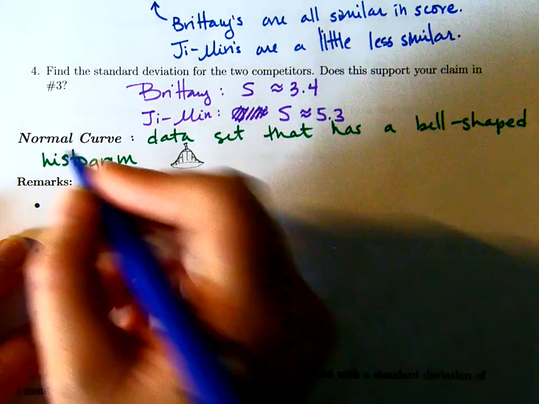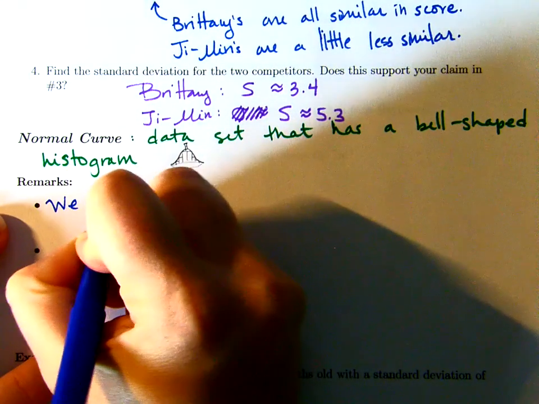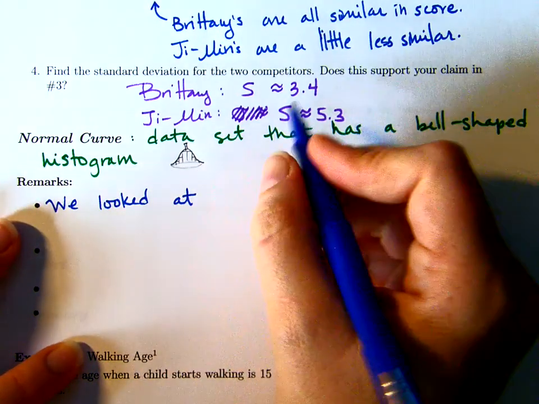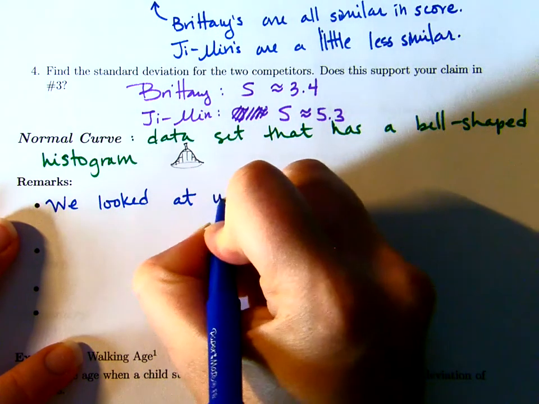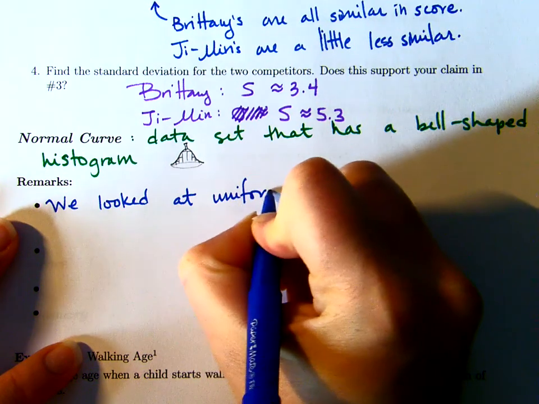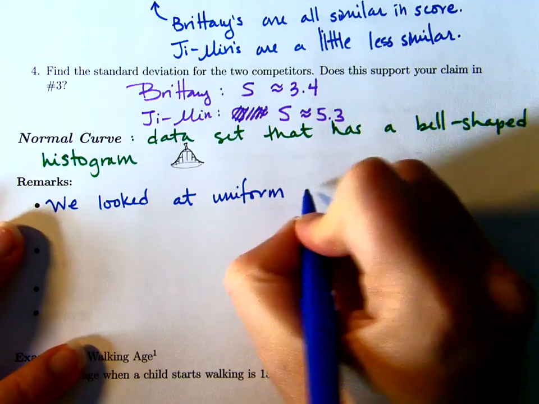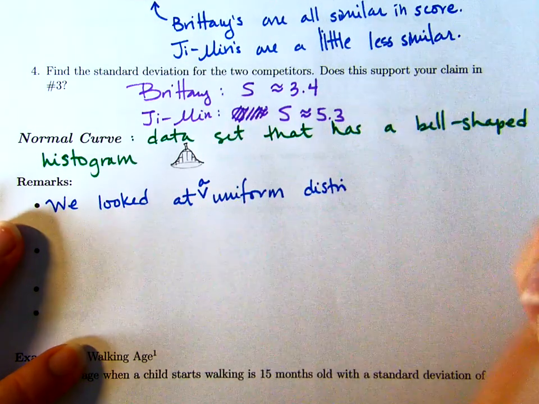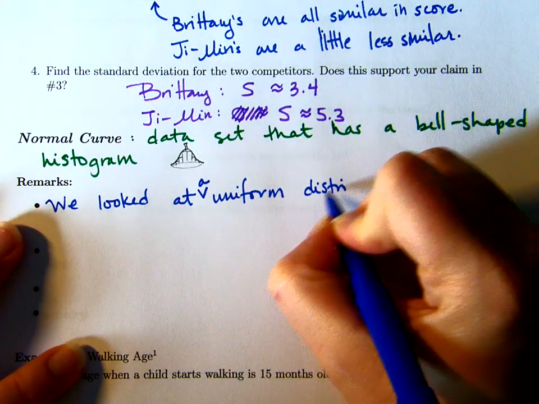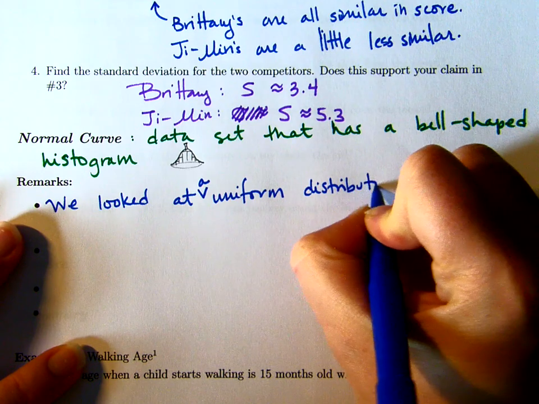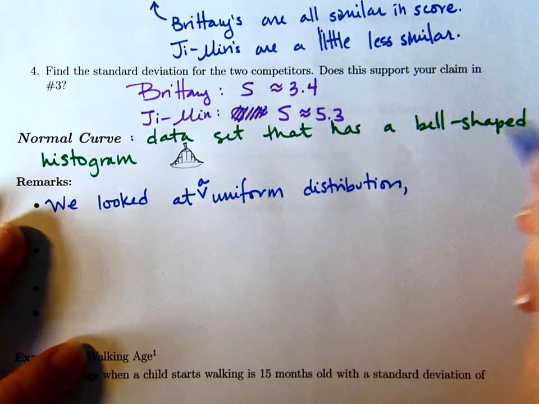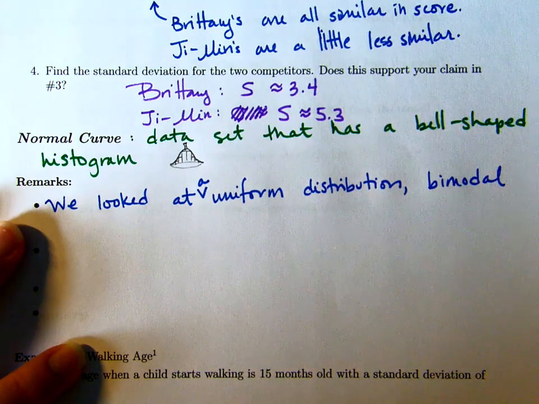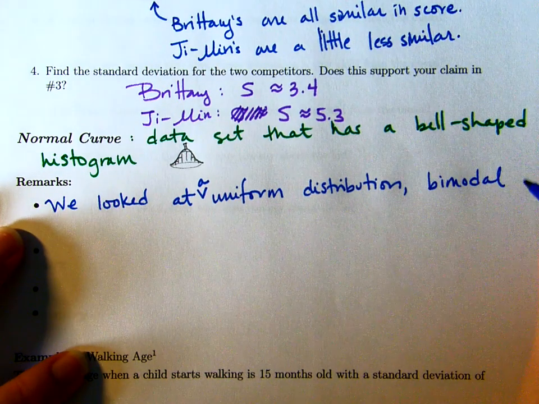So we looked at uniform distribution, bimodal, and normal.